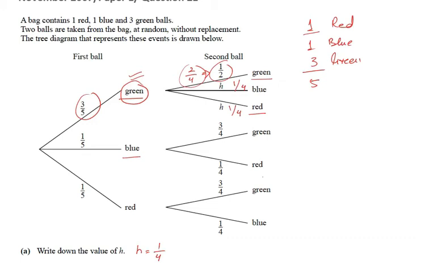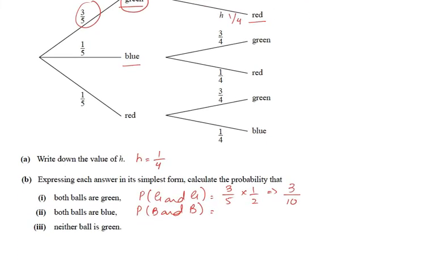In the second ball we do not have another blue ball because we had just one blue ball in the bag. So this condition is impossible. If we pick one blue ball from the bag, we will not have any other blue ball in the bag. So in this condition the probability is 0.